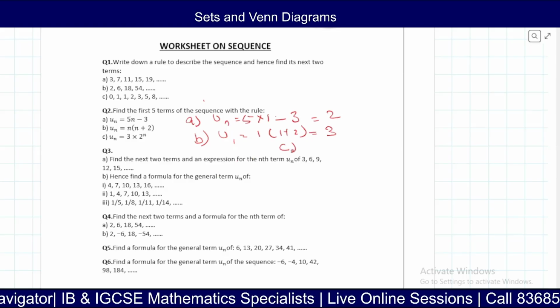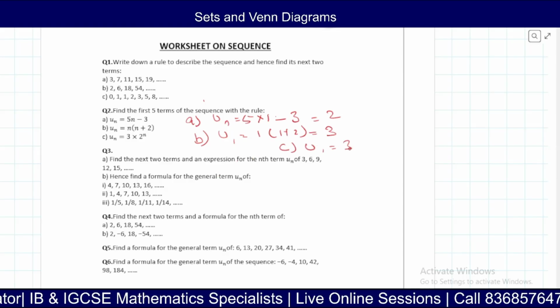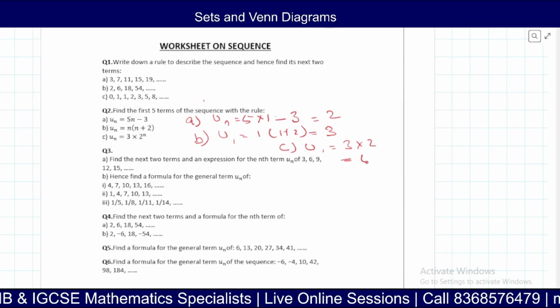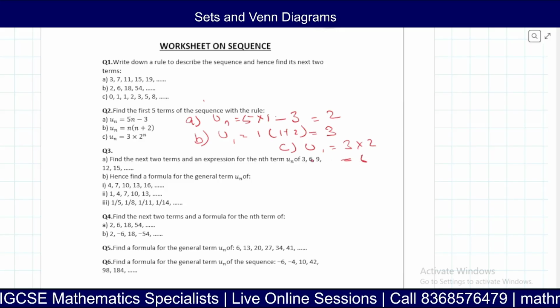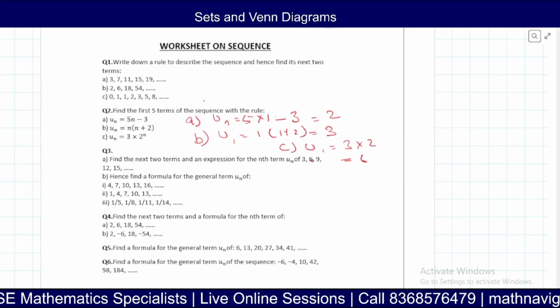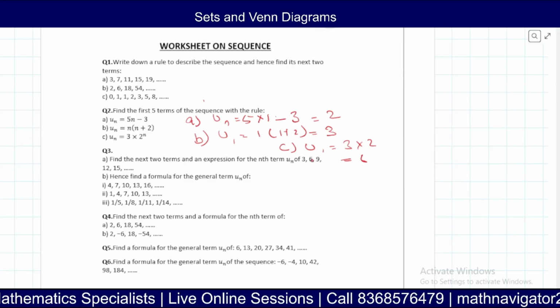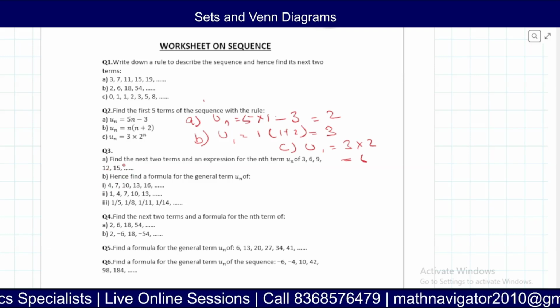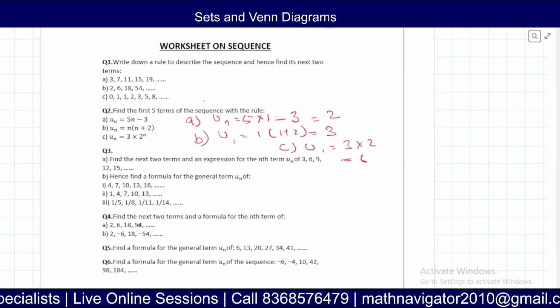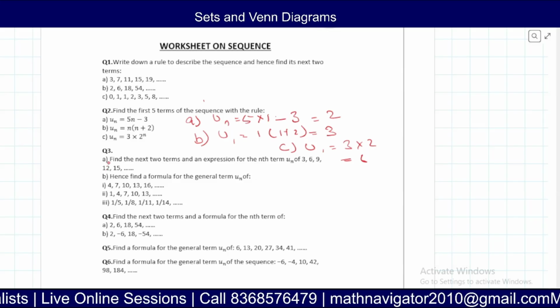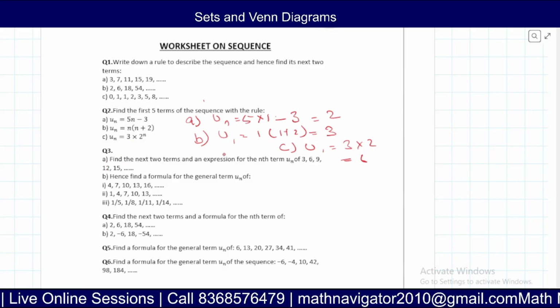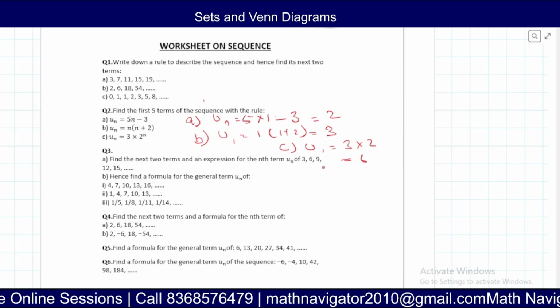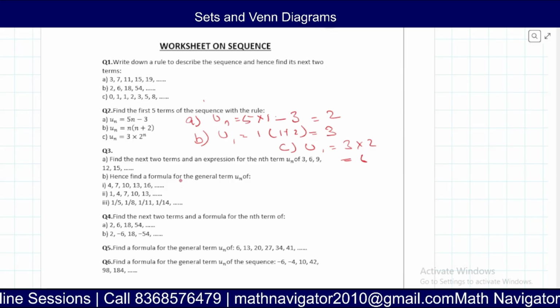And in the c part, u1 is equal to 3 times 2, which is 6. And in the subsequent parts, you just substitute n with 2, 3, and so on. Then find the next two terms and an expression for the nth term un of 3, 6, 9, 12, 15. Okay, I'll tell you one thing.